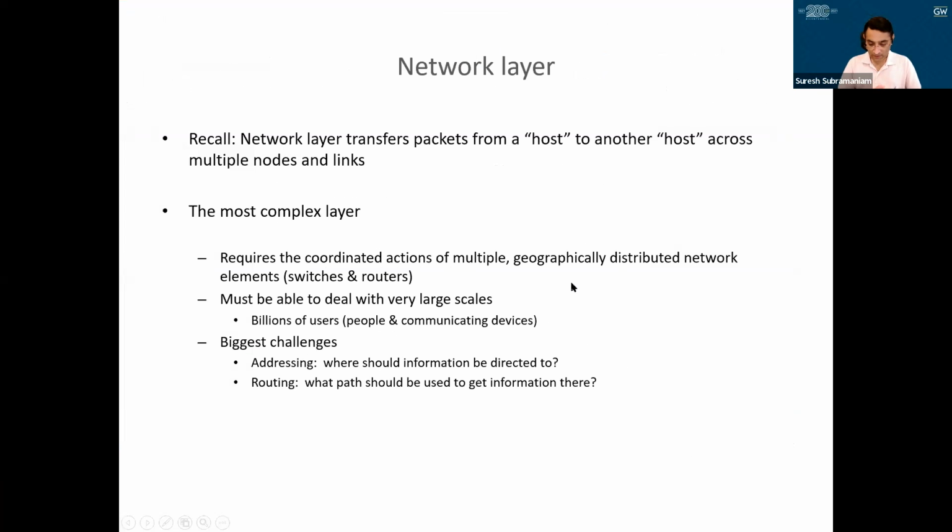Okay, so in the last two classes, I was talking about the physical layer and the data link layer. The physical layer transfers bits by converting them into pulses or waveforms and transmits them over a link, right? Wired link or wireless link. That's what the physical layer does.